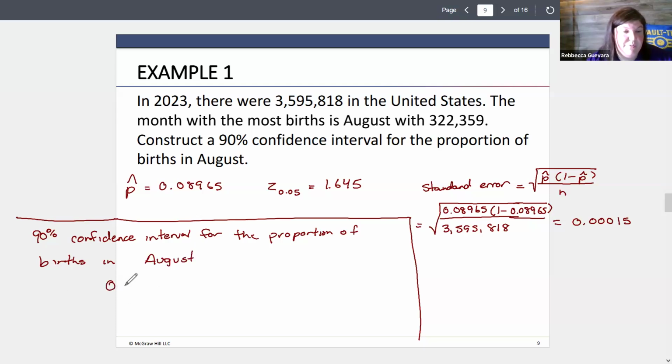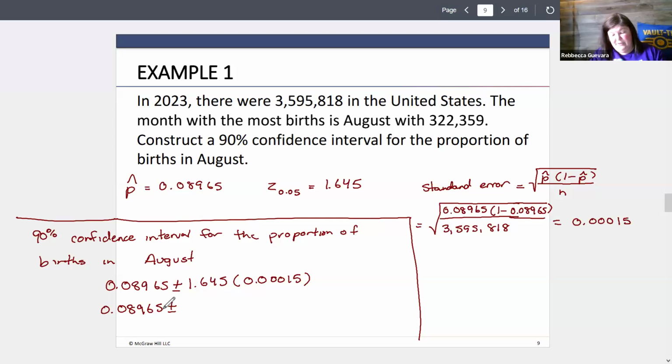It is going to be 0.08965 plus or minus the z-score of 1.645 times 0.00015.